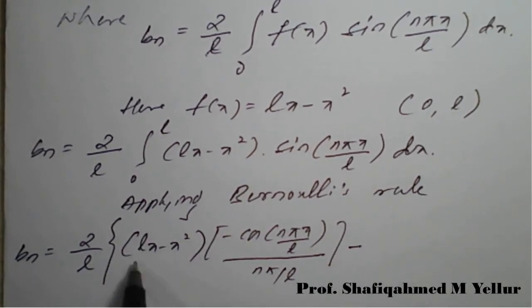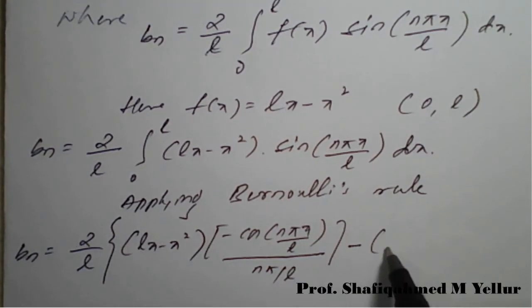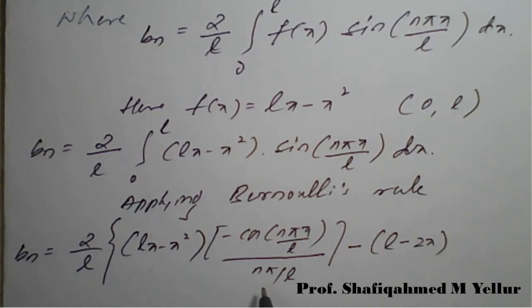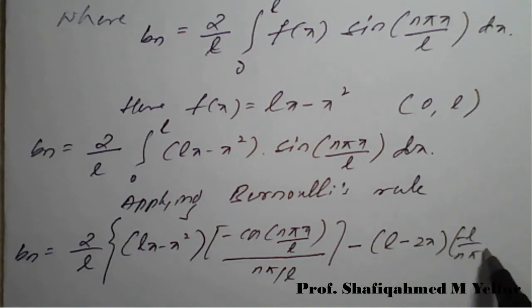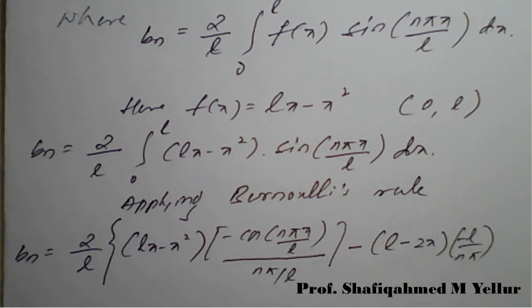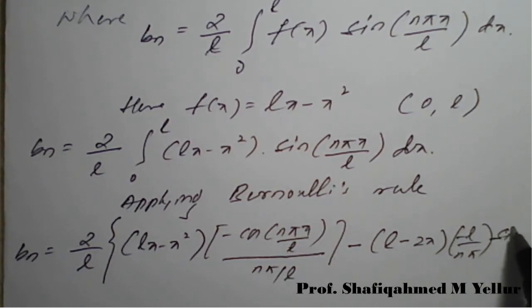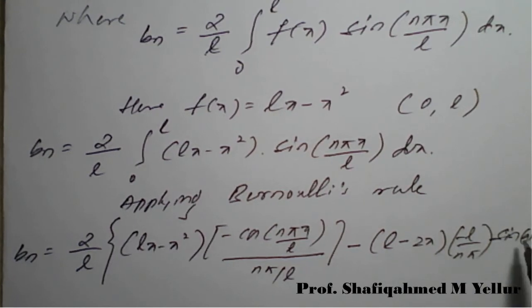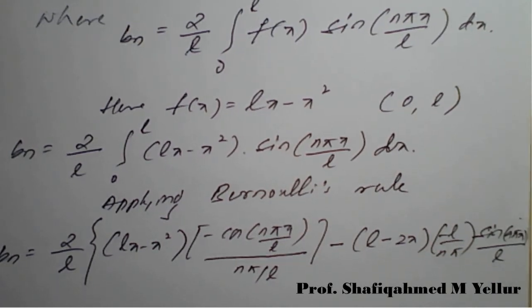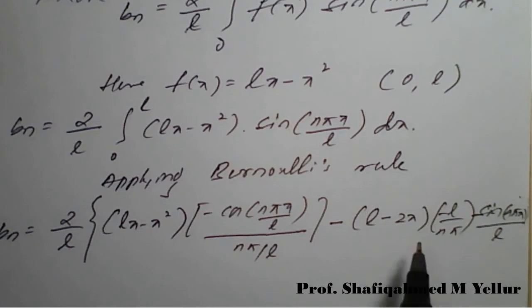Formula: minus, differentiation of Lx minus x square is L minus 2x, then minus 1 upon n pi upon L will become out here, minus L upon n pi into integration of cos n pi x upon L will become out here sine of n pi x upon L. Next, differentiation is possible here, so I will continue.